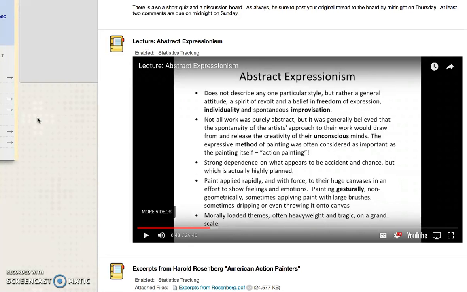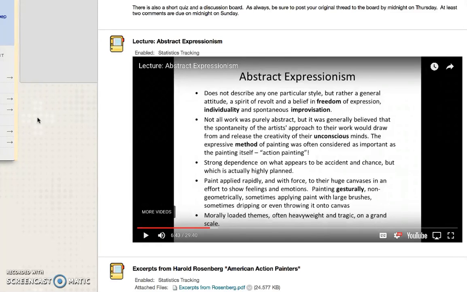I think this work is probably a lot more complex than you might think initially. You tend to appreciate it a lot more when you read more about it, understand the biographies of the artists, a little bit more about their lives and what they were trying to accomplish. So keep that in mind when you look at the work.